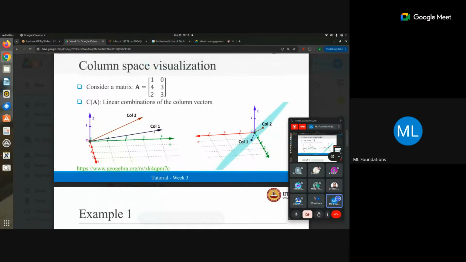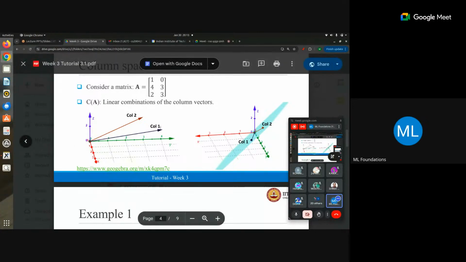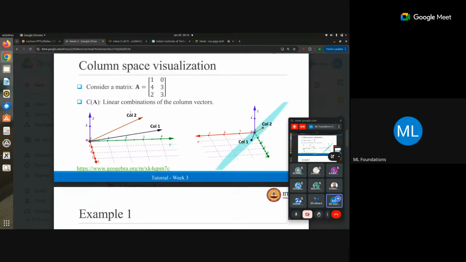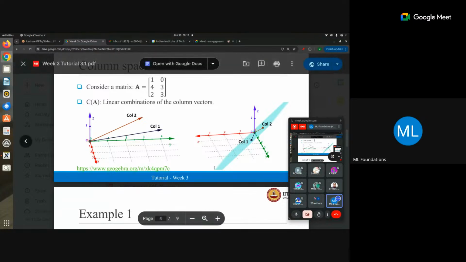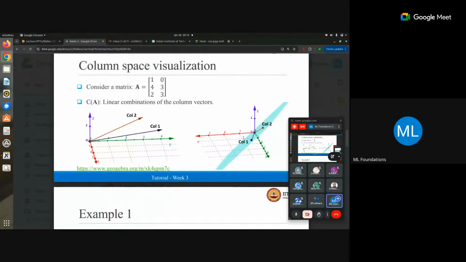This column one is one vector and this is another vector, and the combinations of all these vectors will contain a space. If you see this shaded region, this will be a plane, and this plane forms a space. We can call it a vector space. Is that understandable? Yes, sir.